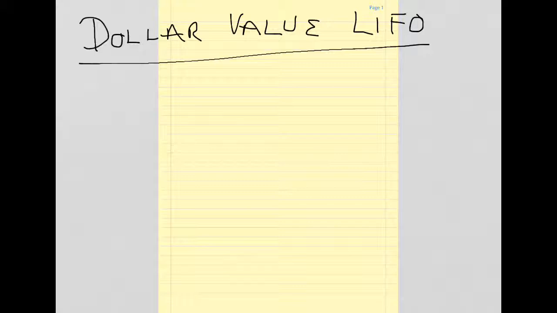So under dollar value LIFO, what we're doing is, unlike other LIFO methods, we are not following the actual quantity of goods. So usually the LIFO method is tracking units.